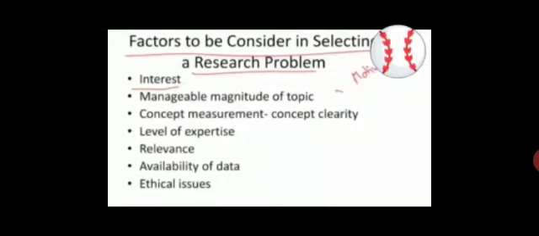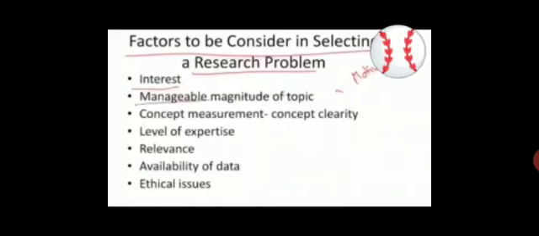We should select the topic which is interesting for us, so that we should not get bored and we should perform better in conducting research on that topic, because that is interesting for us. So the topic should be chosen from the field in which we are interested.